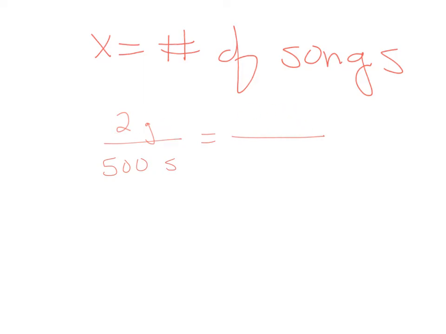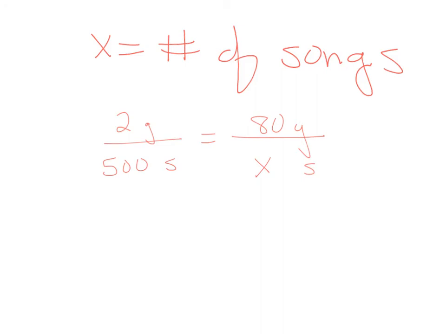So I know that the other player has 80 gigabytes, and I'm trying to find how many songs that is. Again, notice how I've got the songs lined up, and gigabytes lined up. It doesn't matter what's on top, what's on bottom. As long as gigabytes stay lined up, songs stay lined up, we're good to go, okay?